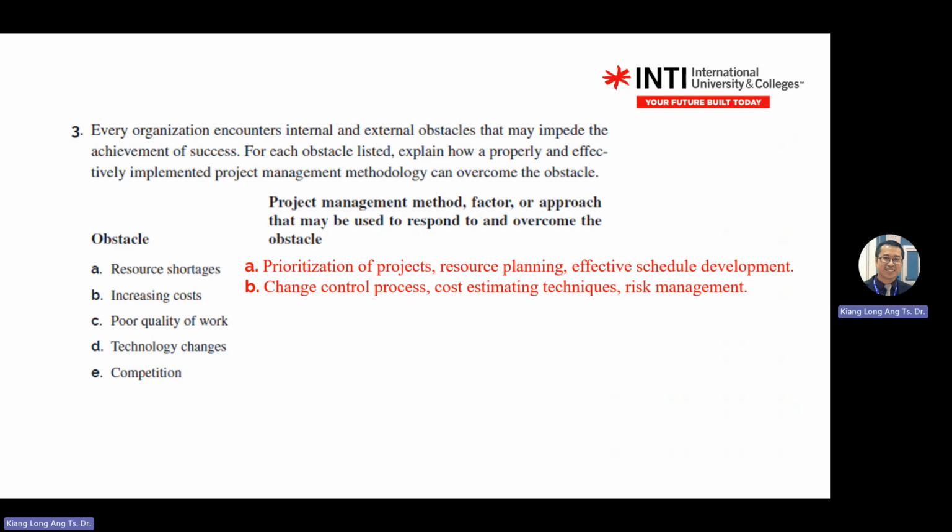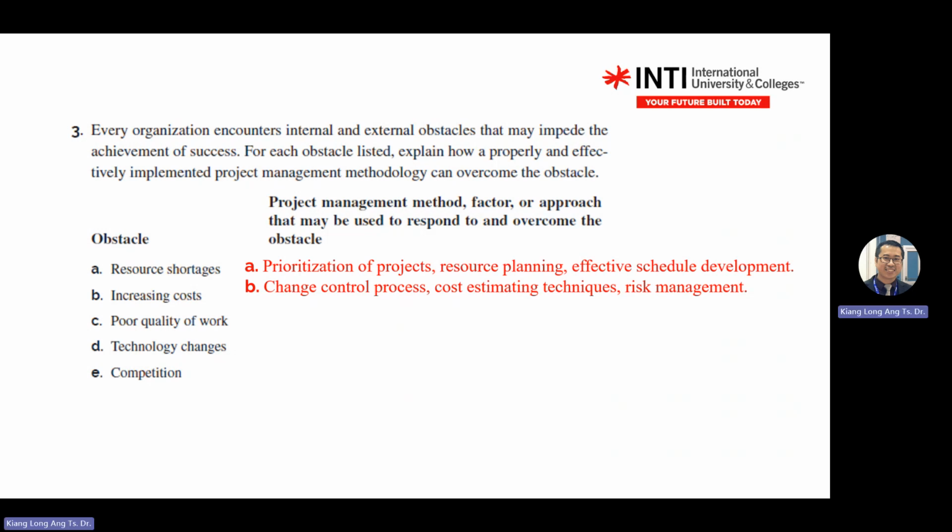Again, this is a chapter 2 question, chapter 2 on project management methodology. There's a specific keyword that you need to use in a certain question. Don't mix between the chapters.